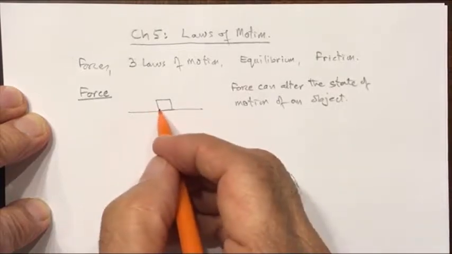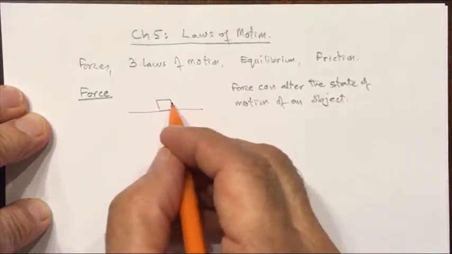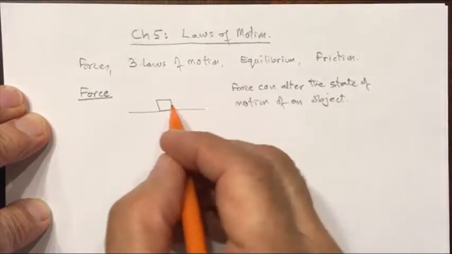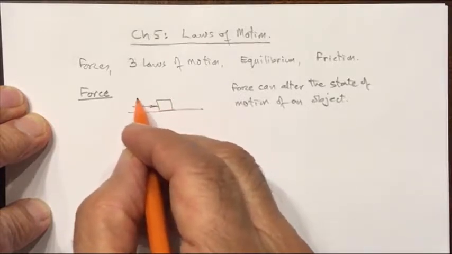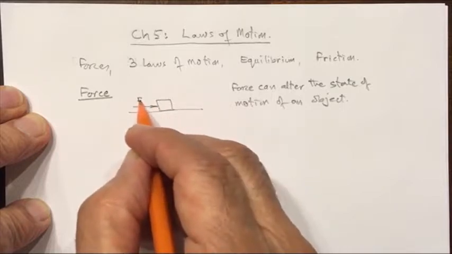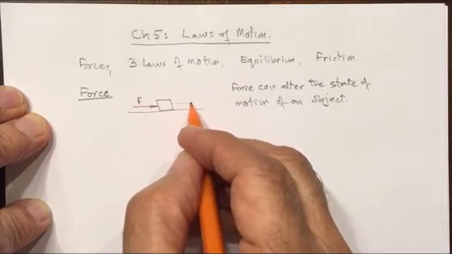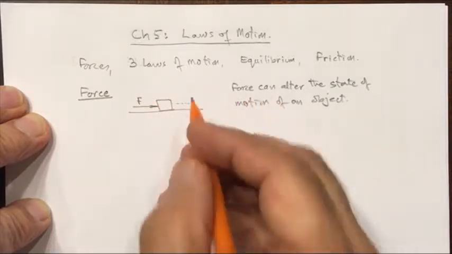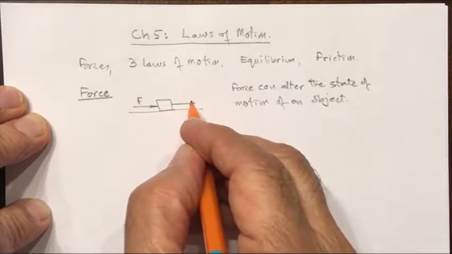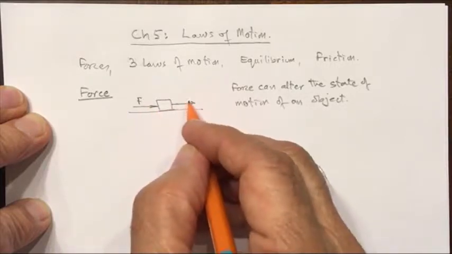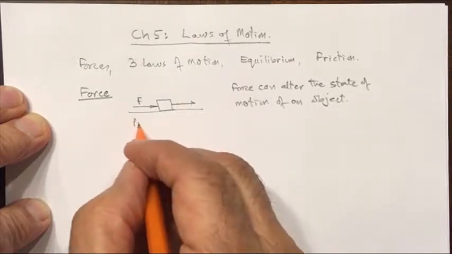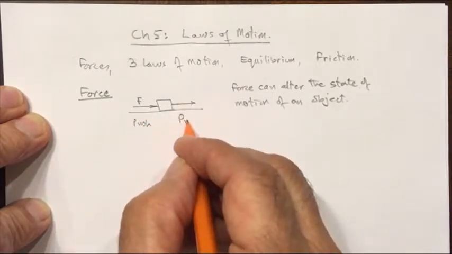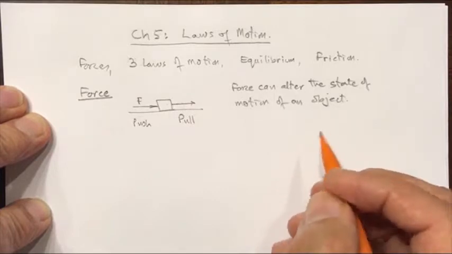So if you have an object here, let's say a table, you can apply a force from this direction. You can push it and cause it to start moving towards the right. Or you could even pull it from the right instead of pushing it, and that would do the same thing. So a force could be a push, or it could be a pull.